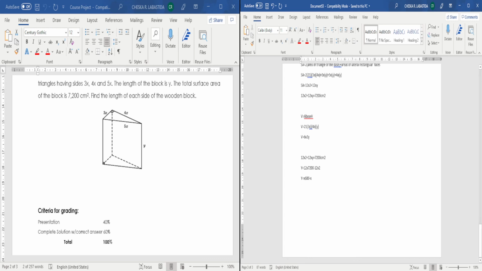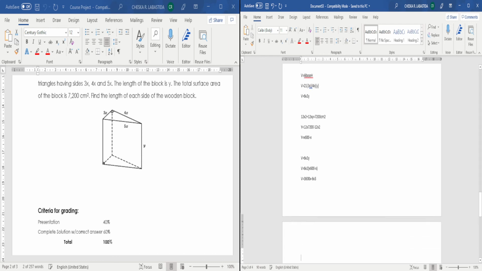Now we will substitute this into the volume equation. V equals 6x squared y, so the volume will be 3600x minus 6x to the third power.